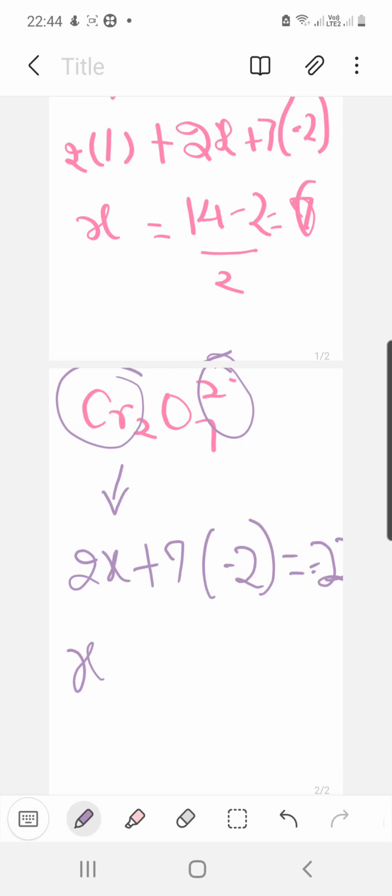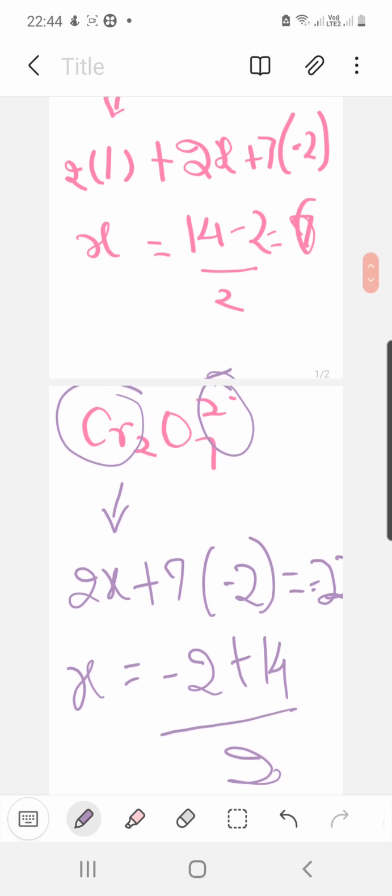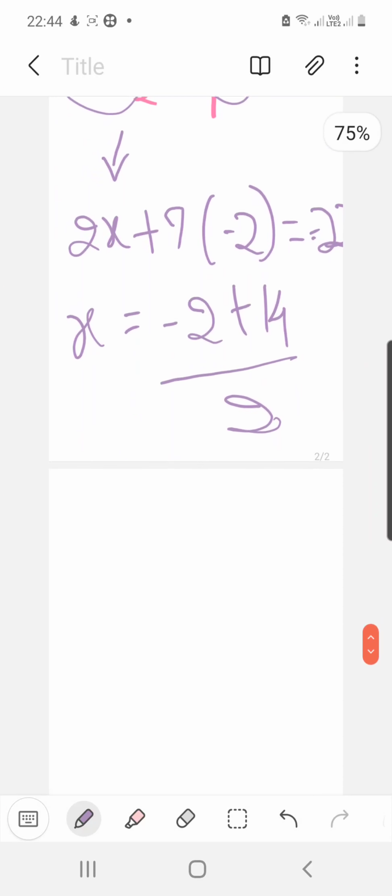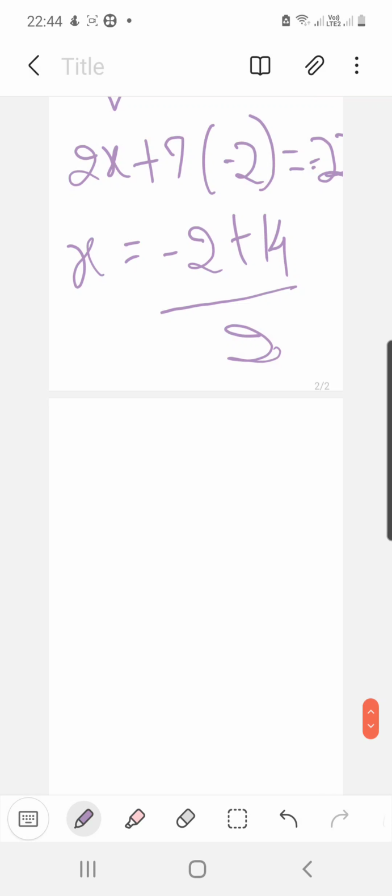So X will be -2 plus 14 by 2, so it will be 6.